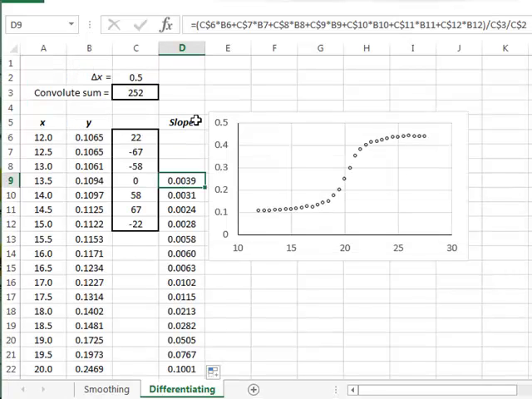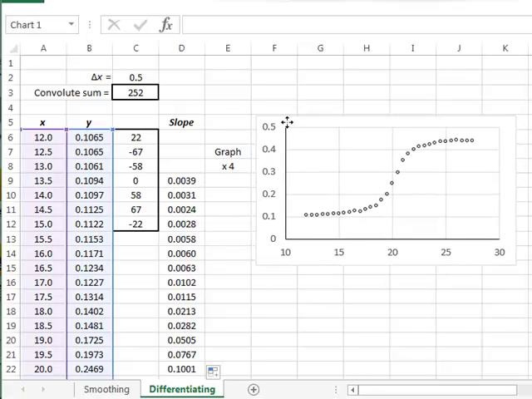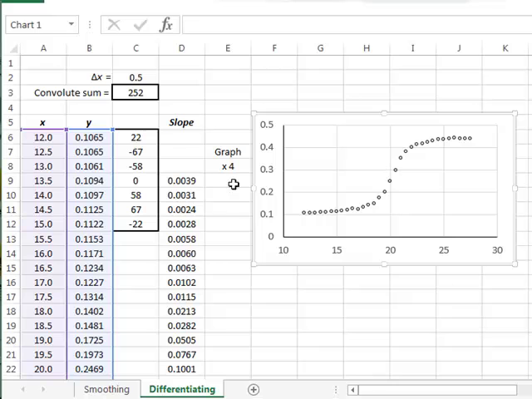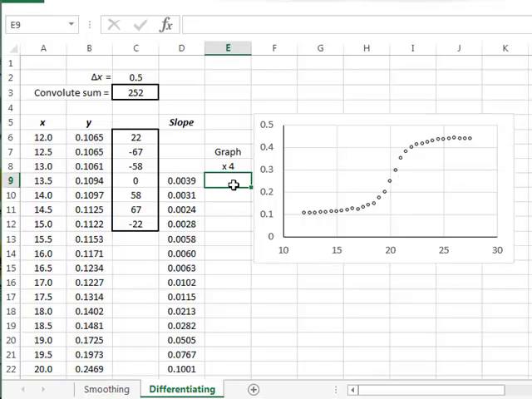We are now in a position to plot these slopes on this curve, but because of the difference in scale between the slope values and the y values, we will choose just to multiply the values of slope by 4 to make them more visible on the graph. So we will just multiply each of these values by 4 as a simple scale factor.